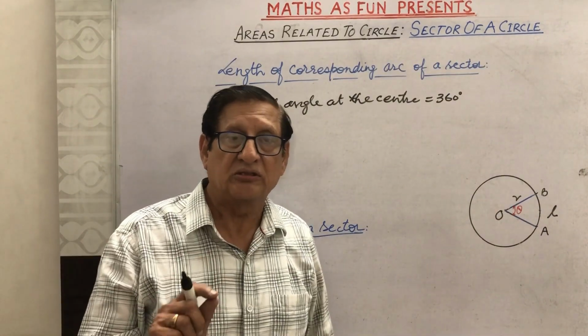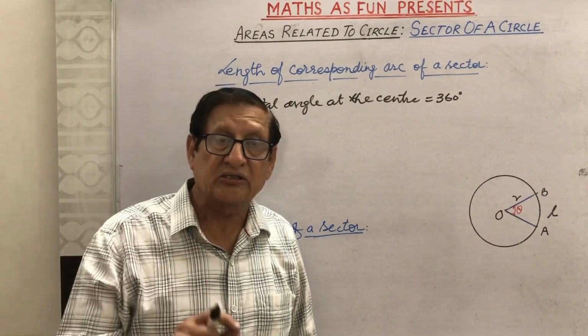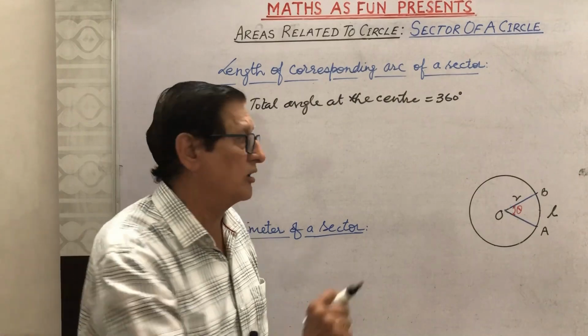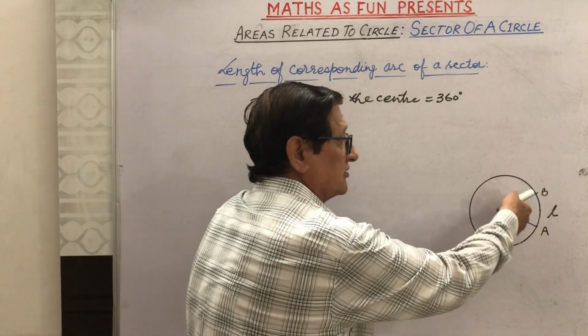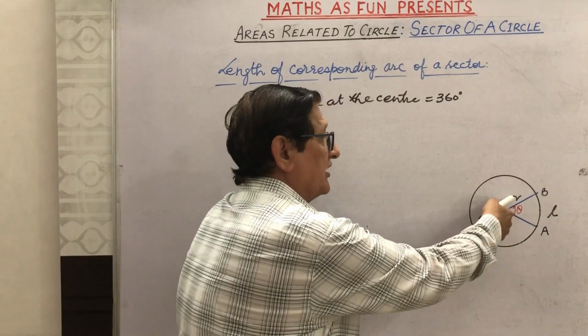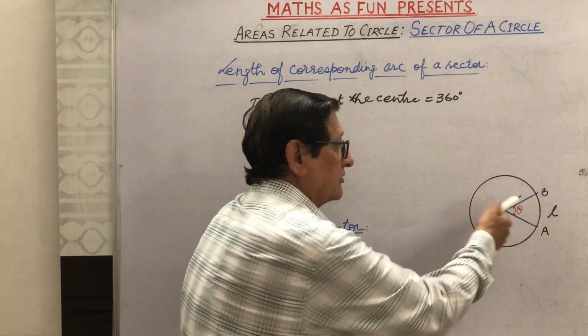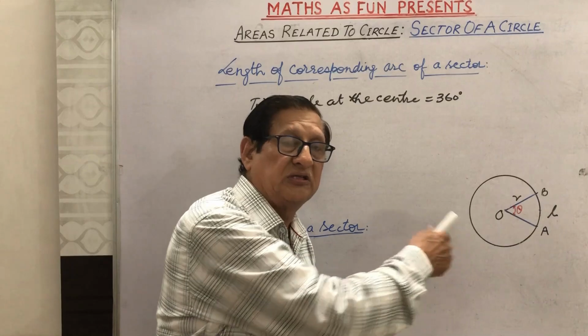Before we discuss the perimeter of a sector of a circle, we must learn how to find out the length of the corresponding arc of a sector. Suppose AOB is the sector of the circle whose radius is r. And this sector is subtending an angle theta at the center. It means the angle of the sector is theta.